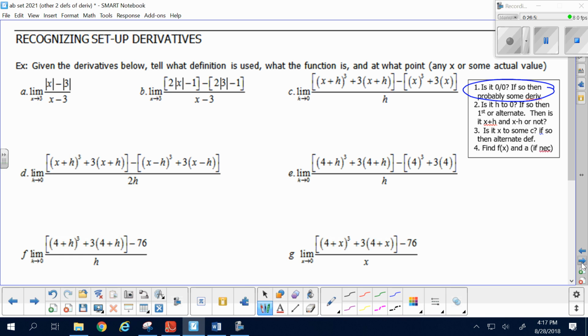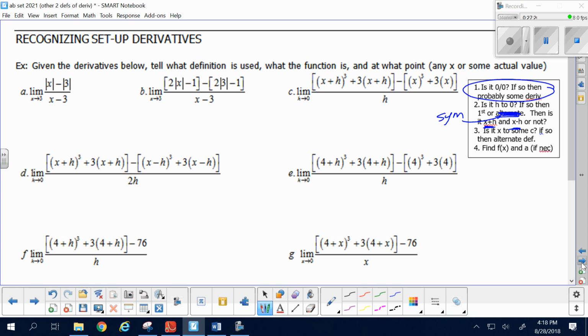If it's h to 0, then it must be either the first definition, or there's a mistake there, or the symmetric definition. If there is no h going to 0, then it's alternate. If x is going to some c, for example, it's alternate. If it does have an h and it has both x plus h and x minus h, then that will help me choose between symmetric or not.